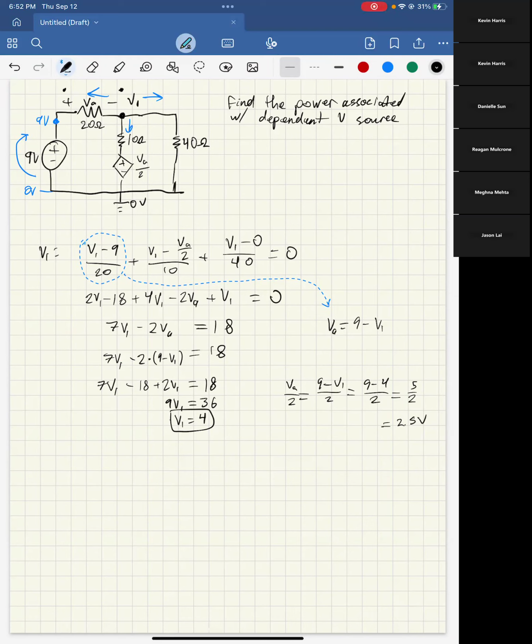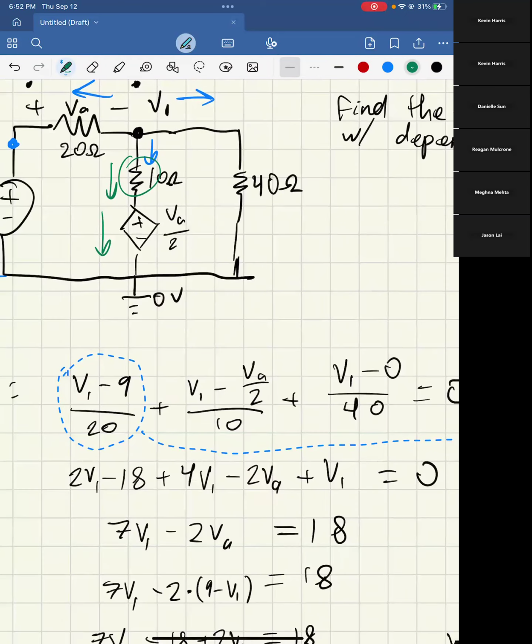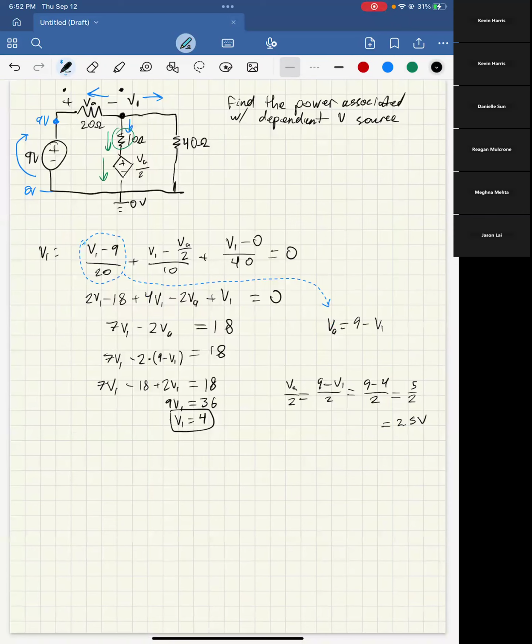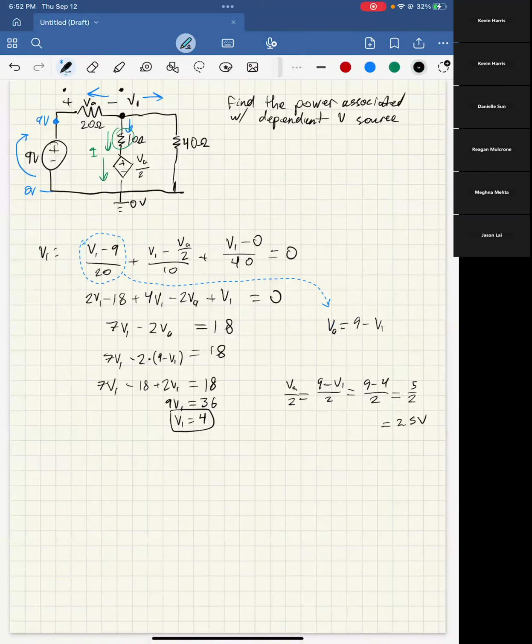For power, we also need the current. The current through the source is going to be the current through this 10 ohm resistor, because there's only one path. I'll call this I just to write an equation. I equals V1 minus VA over 2, over 10, which is exactly what we saw earlier.